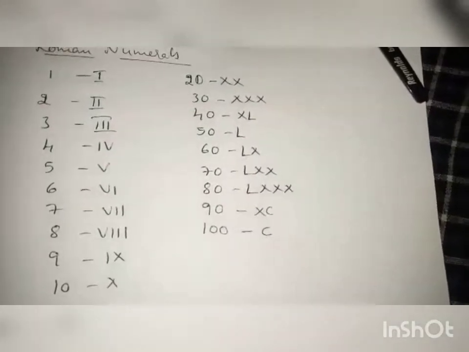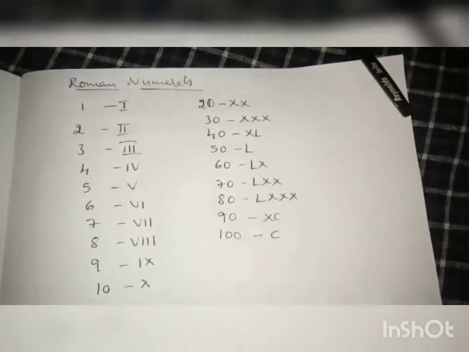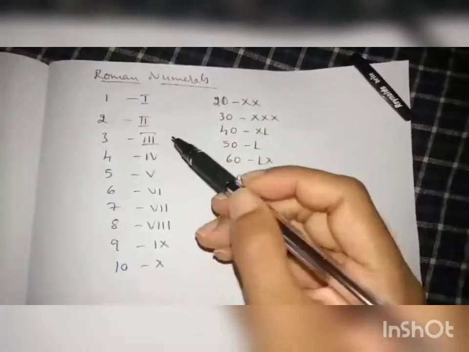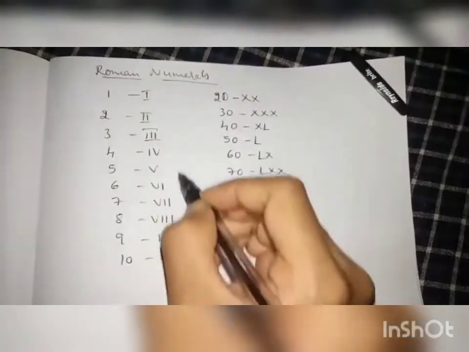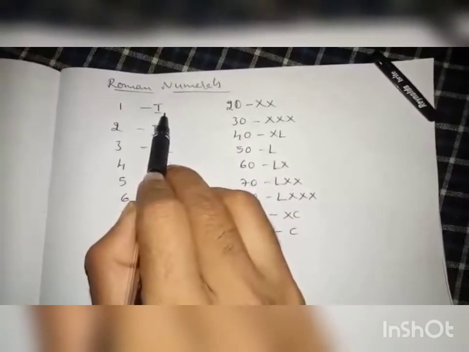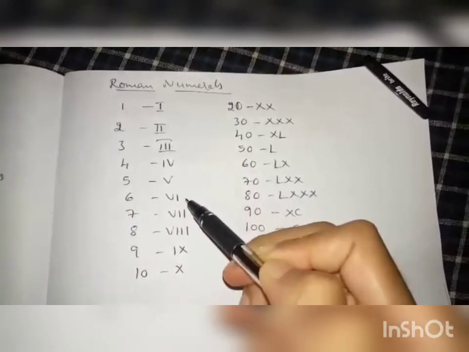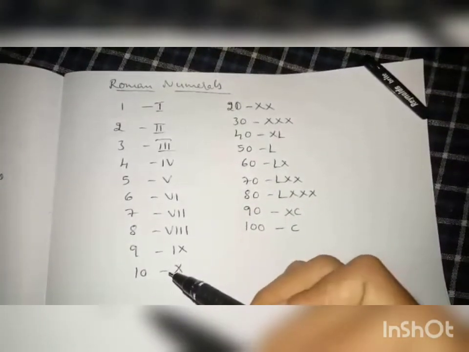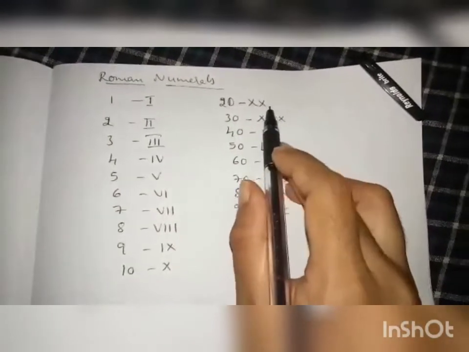Next, Roman numerals. How will you write the numbers in Roman numbers? This you all know, I think. 1 to 10 you all are familiar with these Roman numbers. Till here you will be familiar. Next, how will you write 20?